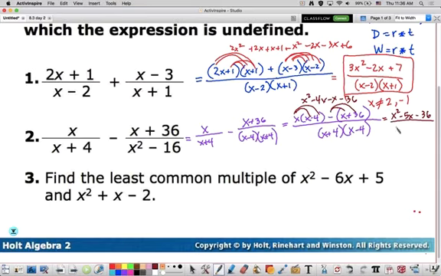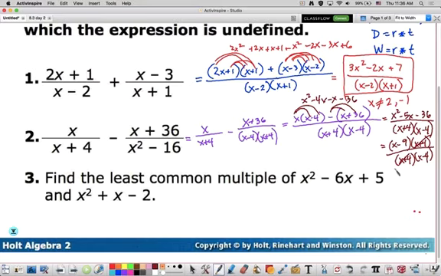I think that one factors, right? What does that one factor into? x plus 4 and x minus 9. So x minus 9, x plus 4 over x plus 4, x minus 4. Those cancel, so you get x minus 9 over x minus 4.